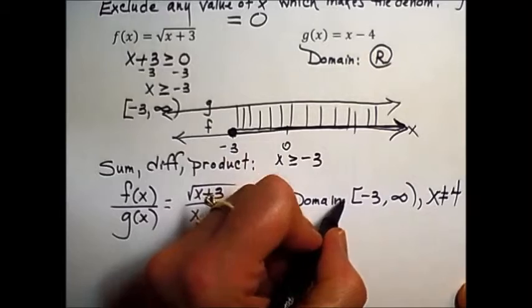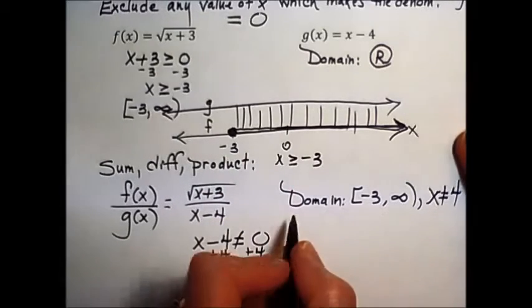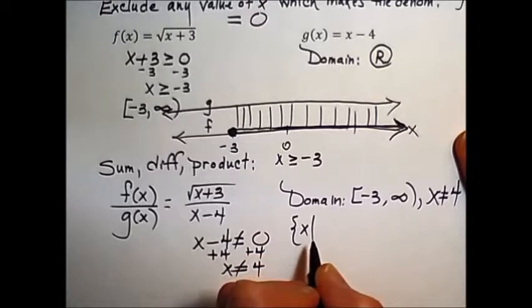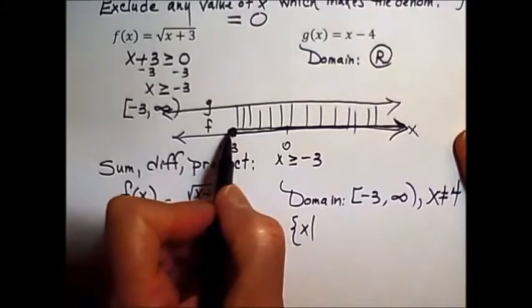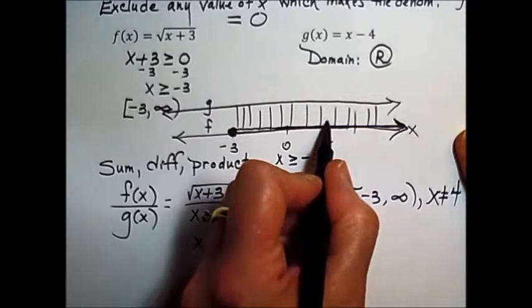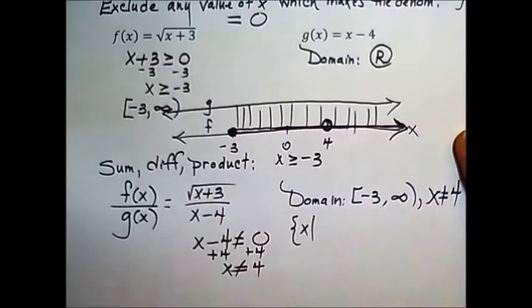And to clean this up a little bit better, we could use our set notation, x such that, this is what graphically it looks like, but when we get to 4, we have to exclude it, so we would put an open point and not include that 4.